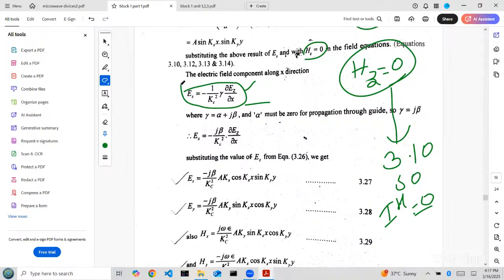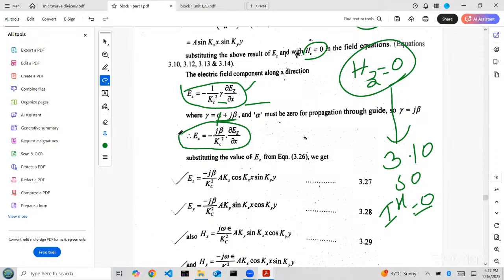After that, we know what gamma is: alpha plus j beta. I am keeping alpha as 0 and substituting gamma as j beta. I will get this equation, the Ex equation.